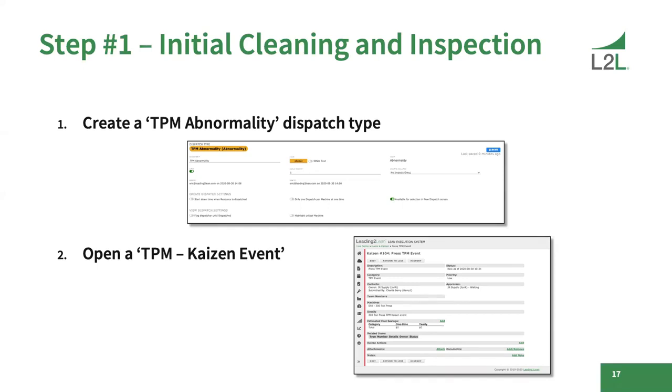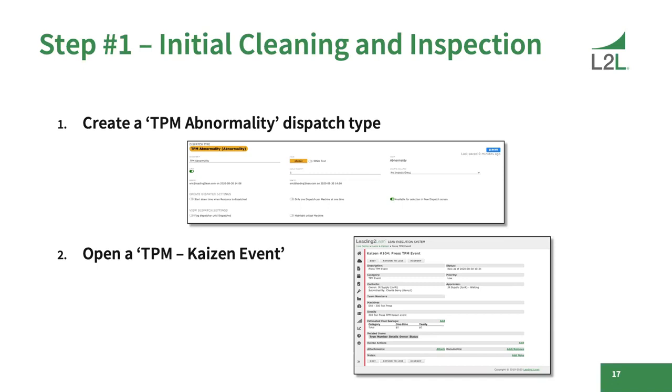The next thing I would do would be, in your Lean tools, to create a Kaizen event around a piece of equipment. Go concentrate on a piece of equipment and say, we're going to perform a TPM activity on this piece of equipment. In this case, I've got an example of a press here. You can assign team members, you can assign your budget, all of that inside of Leading the Lean.